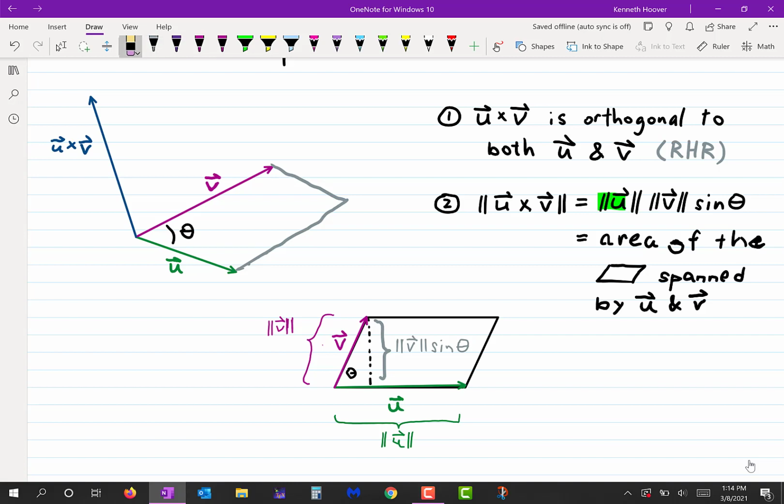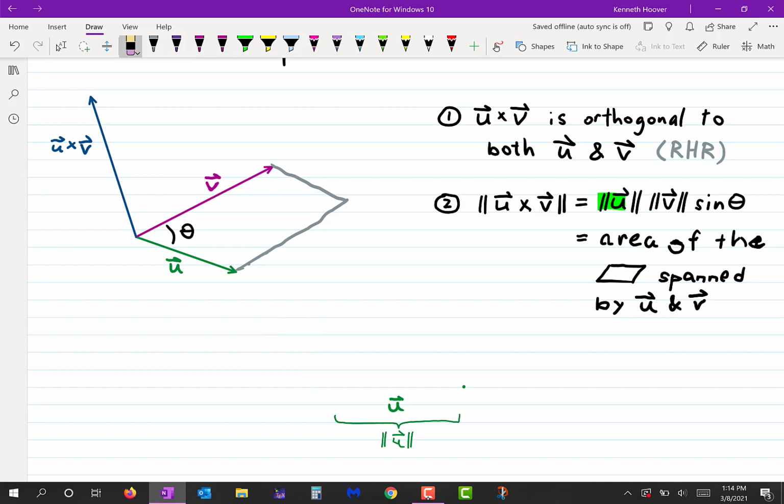Okay? So that's where that surprising result comes from. So now you have a very simple way of finding areas of parallelograms, provided that you can come up with two vectors that emanate from one of the corners and lie along sides of the parallelogram. Okay?